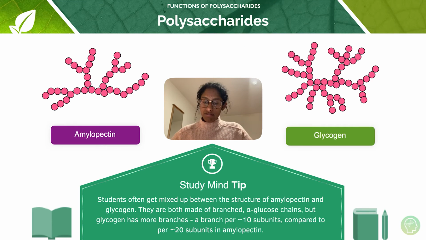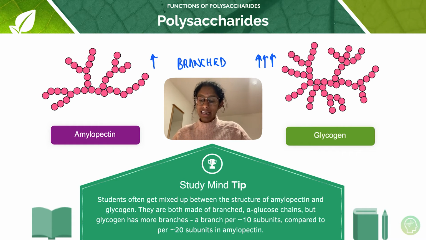So just to reiterate my point, amylopectin and glycogen are both branched. Glycogen is much more branched, whereas amylopectin is branched less than glycogen. However, in terms of their similarities, they are both made of alpha glucose chains.